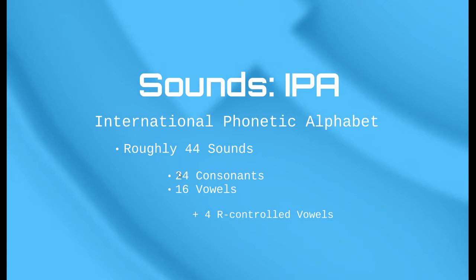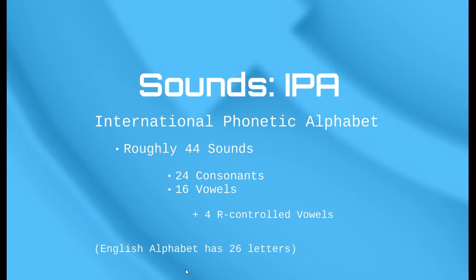So in English, our consonants are sounds like b, d, t, k. They're represented by the letters like B, C, D, F, G. Vowels are the sounds like a, e, o, and they're represented by the letters a, e, i, o, u in English.